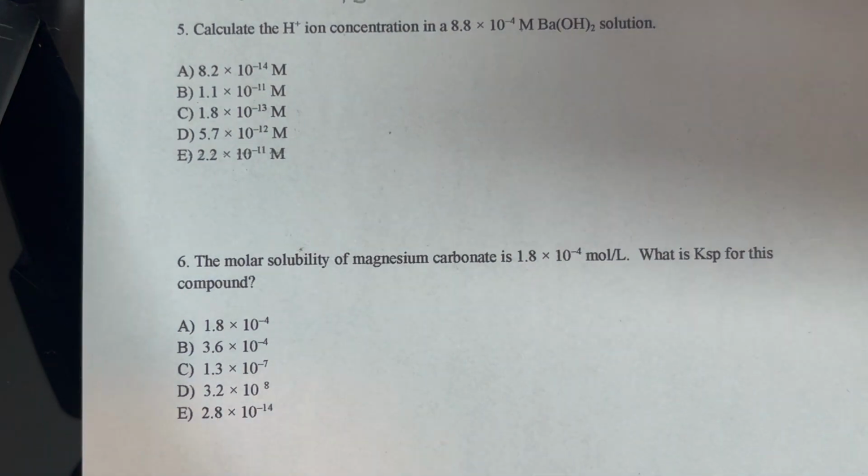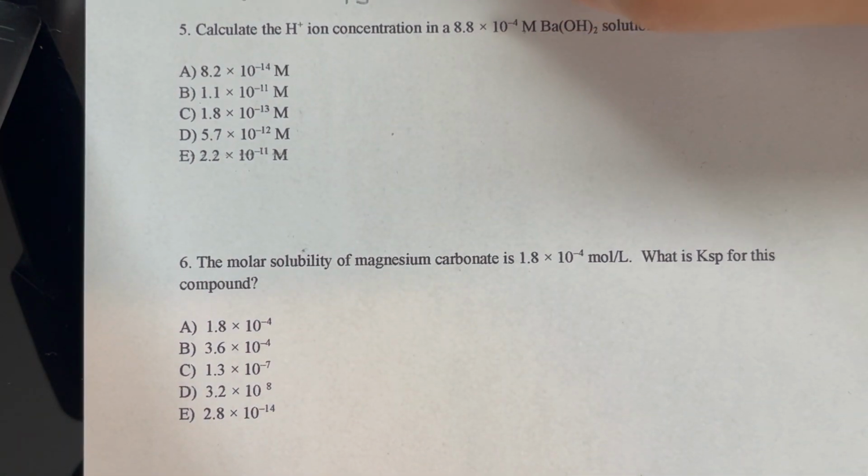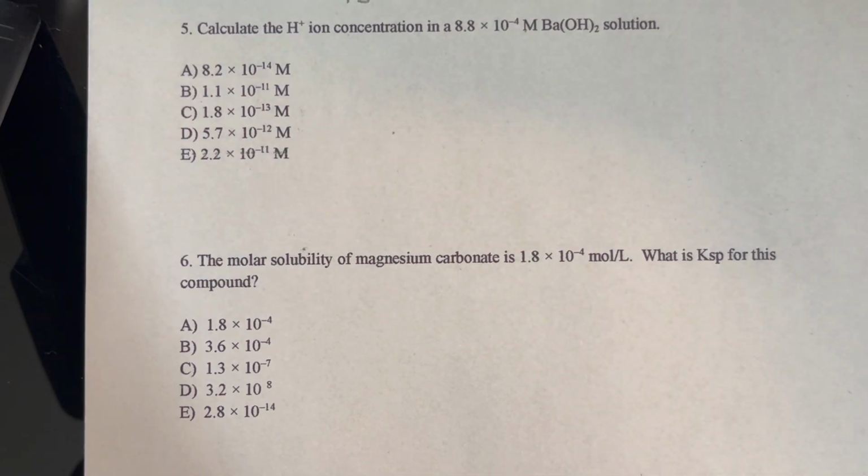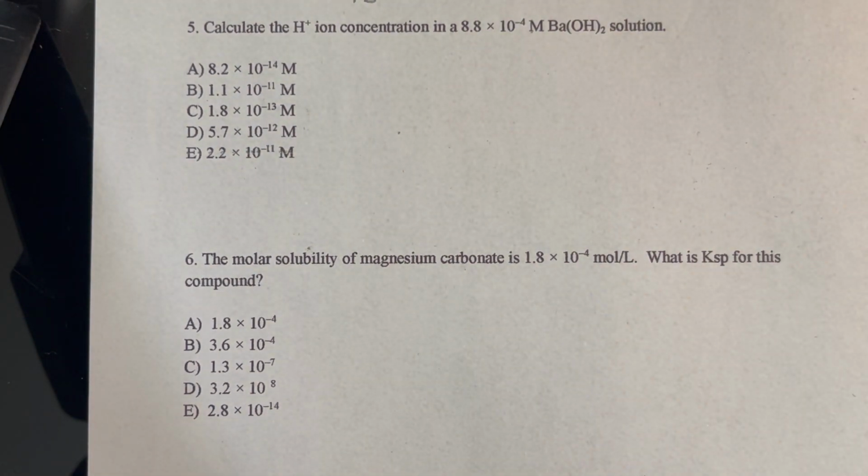5 is a bit tricky. Calculate the H ion concentration at 8.8 times 10 to the negative 4 molar barium hydroxide solution. Now, the funny thing is that if you recall module 9, you'll know that barium hydroxide is a strong base, right? Like I said in the beginning of the video, as you go down group 2, the elements start behaving more like group 1, and group 1 is always soluble.